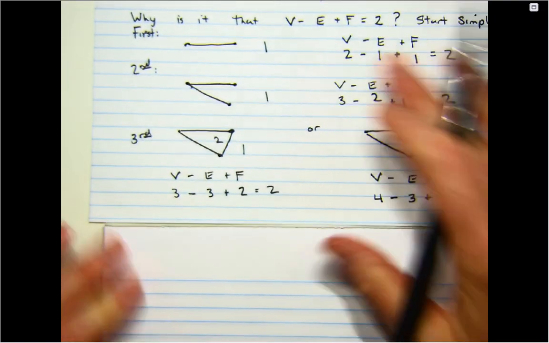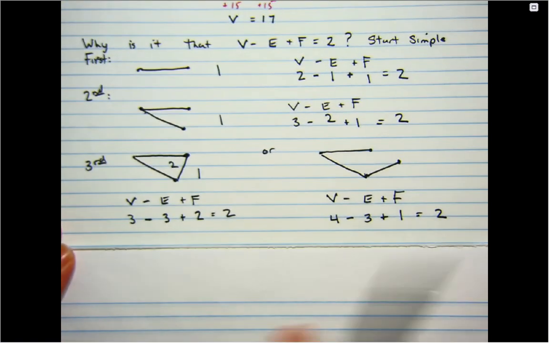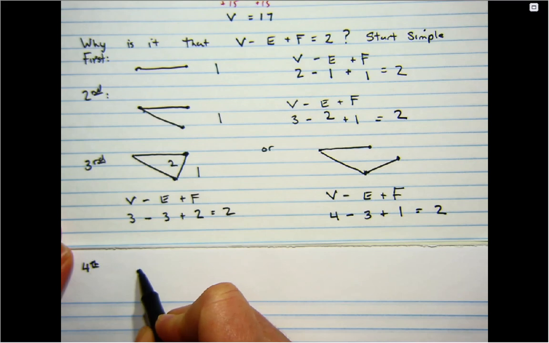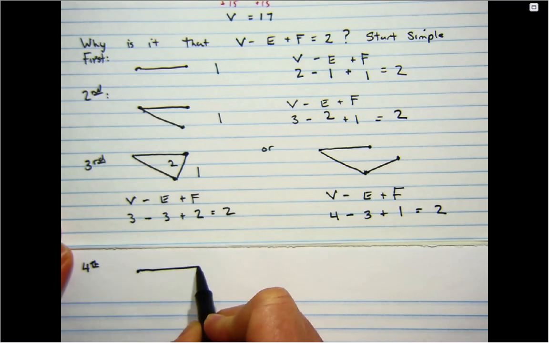Add another one. One more edge. Okay, so we'll add it to the first drawing on the left here, and I'll make it a pendant edge. Or maybe we'll add it to the drawing on the right here. And this time we connect.